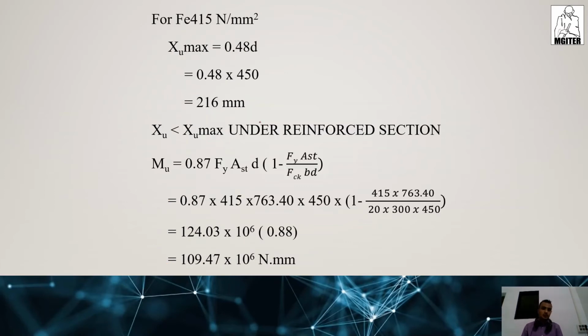And we have the equation here. We have to find xu max. The steel grade is Fe415, so for 415 the xu max equation is 0.48 into d, where d means effective depth, which is 450. So xu max we got is 216 mm.